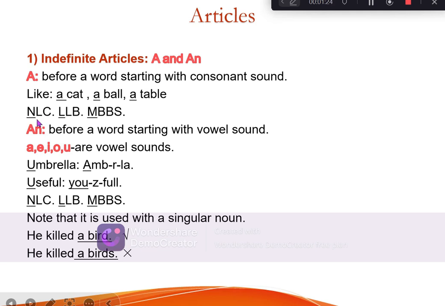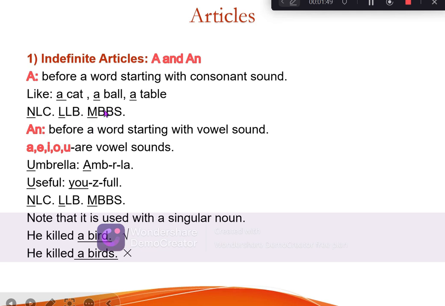So keep in mind there is a difference between consonant sound and consonant letters. NLC begins with a consonant letter, but it begins with a vowel sound. LLB begins with a consonant letter, but it is giving us a vowel sound. MBBS begins with a consonant letter, but gives us a vowel sound.